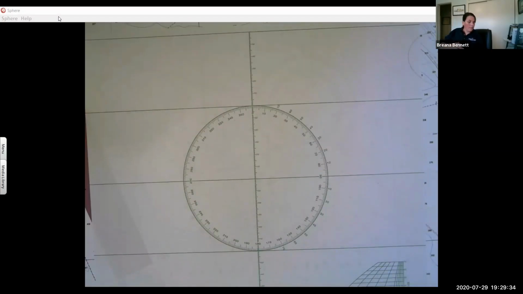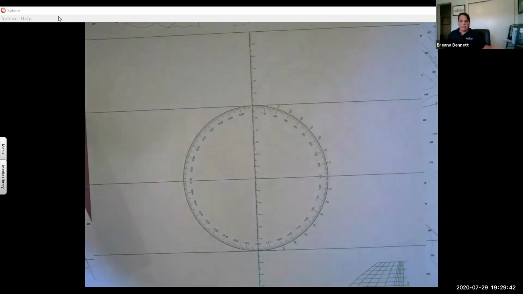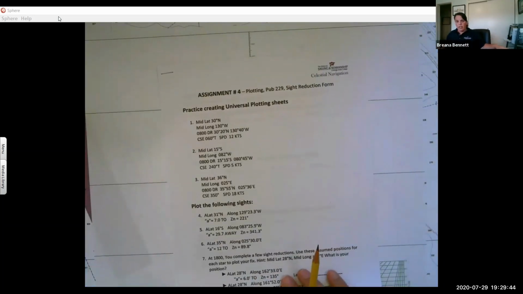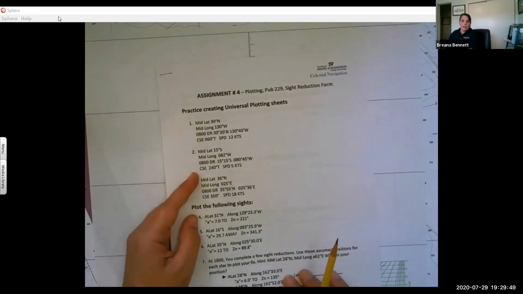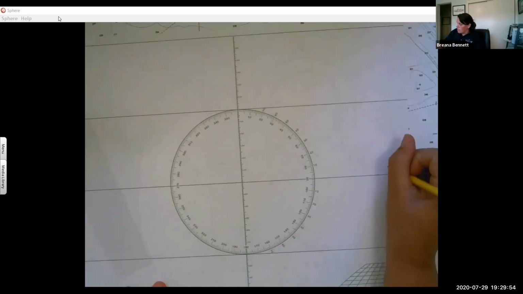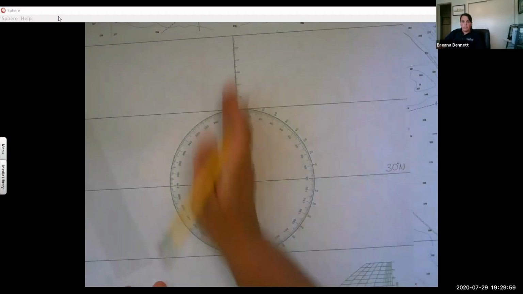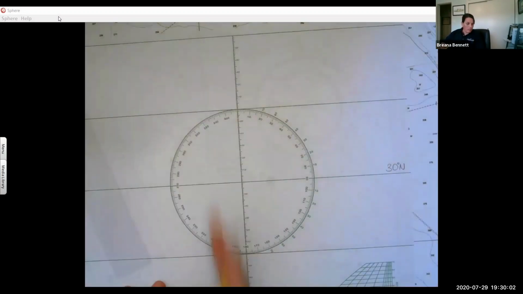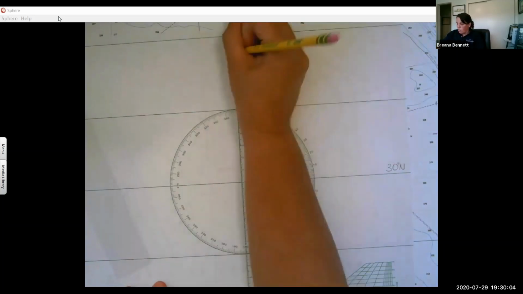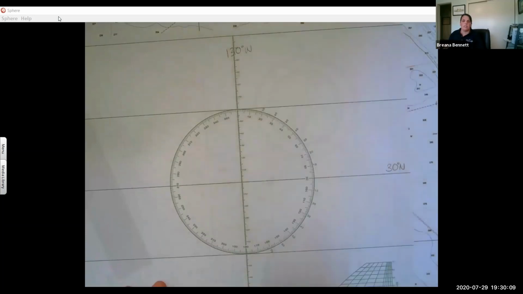I'm going to go off of our homework for number 1. There, we are practicing doing universal plotting sheets. So it is telling us our mid-latitude is 30 degrees north. So I'm going to call this one 30 degrees north. And then it told us our mid-longitude, which is going to be our vertical line, was 130 degrees west.